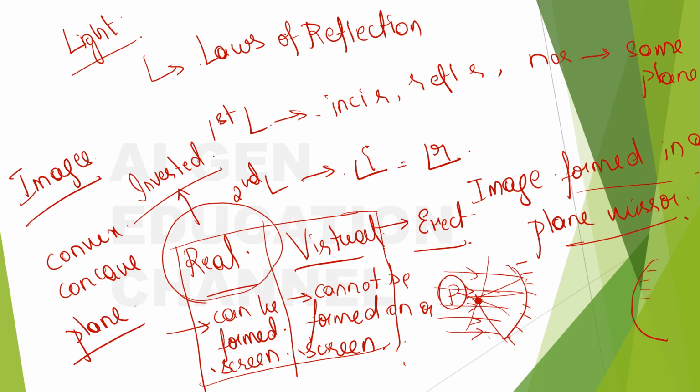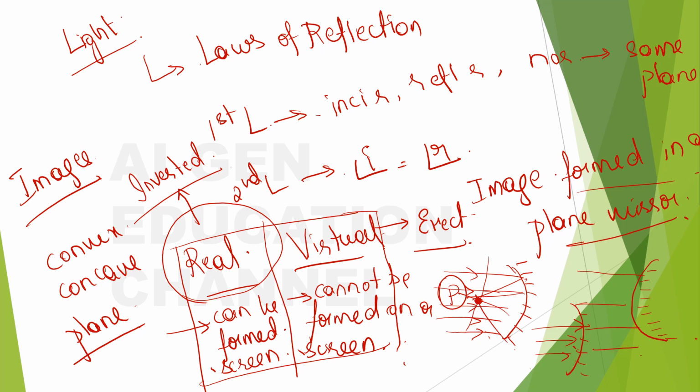Whereas here, consider this mirror. What is this mirror? This shaped mirror is called a concave mirror, and the rays will be reflected from this surface. This type of mirror is called a convex mirror. Here, when the rays get reflected, they appear to converge at a point, but they won't actually converge.